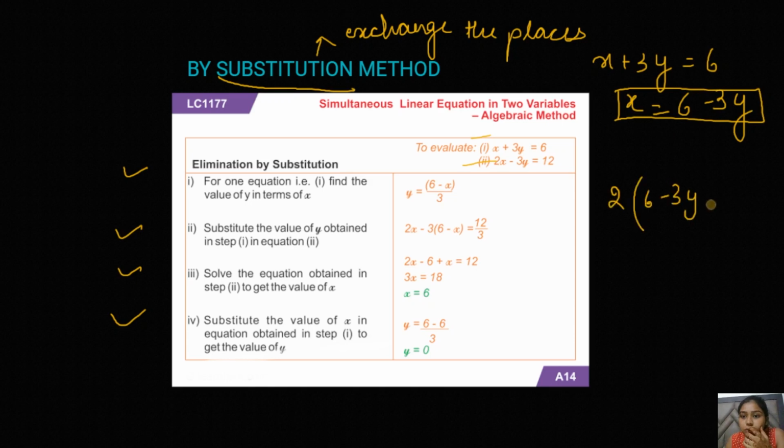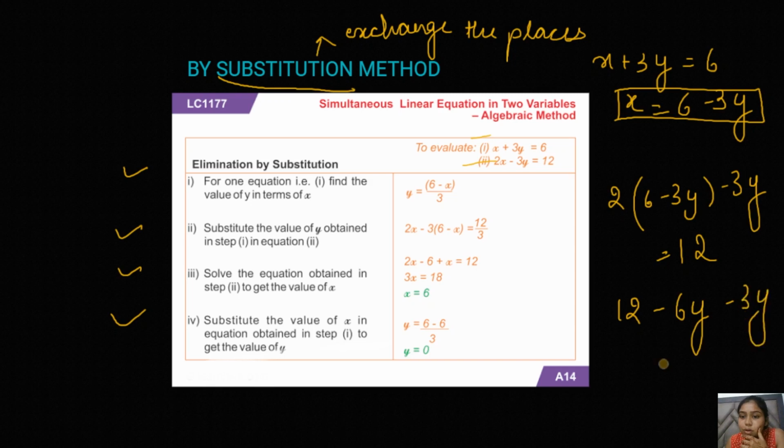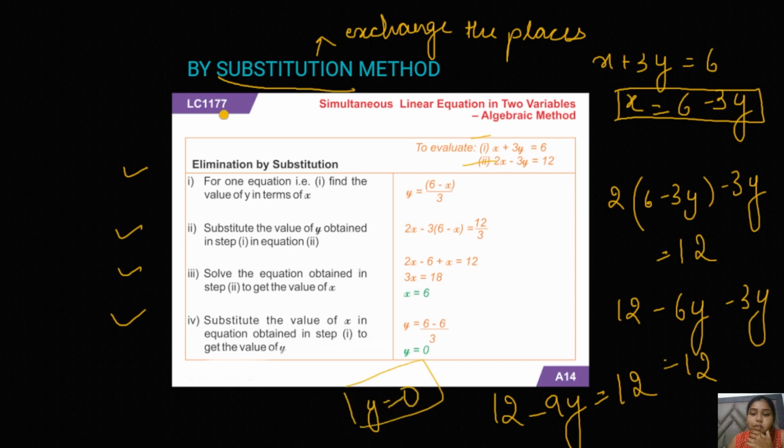What we'll be getting is 12 minus 6y minus 3y equals 12, or 12 minus 9y equals 12, right? So we will get y equals 0 after solving this, and when we put y equals 0 in this particular equation, we get x equals 6. I hope this is clear to you.